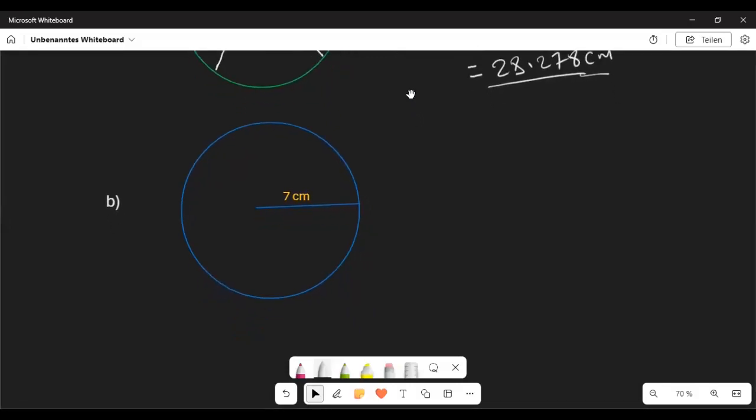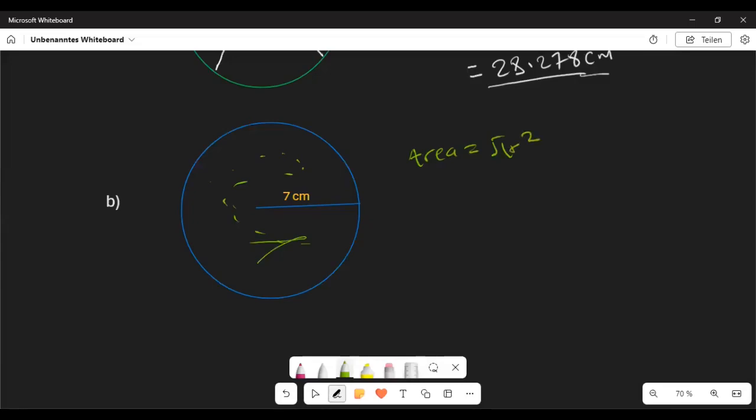Now you see B. We're going to use another pen. When we are asked to find an area, we're looking for the space that is here. So we have pi r squared, so the area is equal to pi r squared.